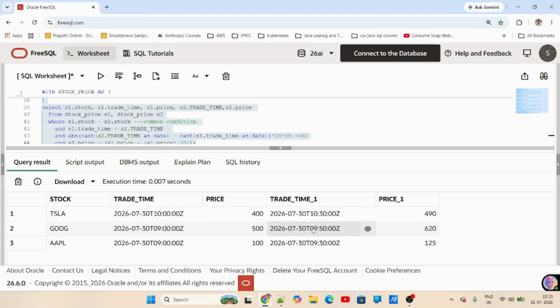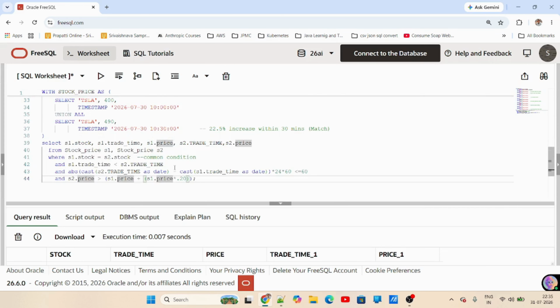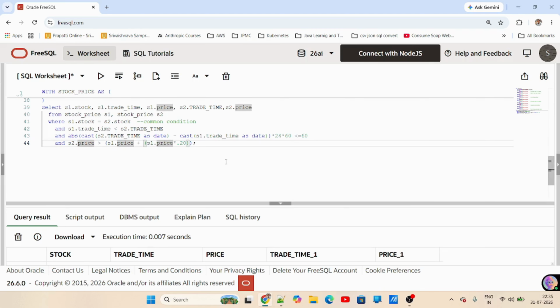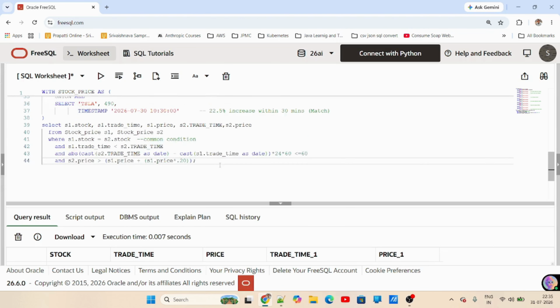Now Google is 9, and this is 950 again. This 500 and 620. Similarly for Apple, it is like 100 and 125, 9 and 930. It is within 1 hour. So as you can see, we are able to correctly find the stocks whose prices have increased by more than 20% within the time frame of 1 hour.